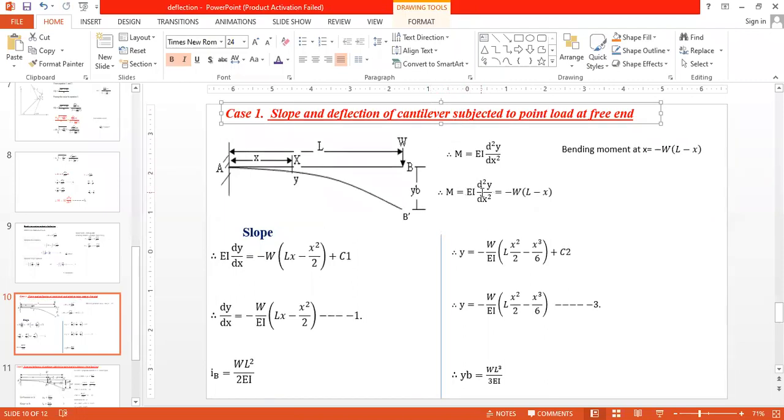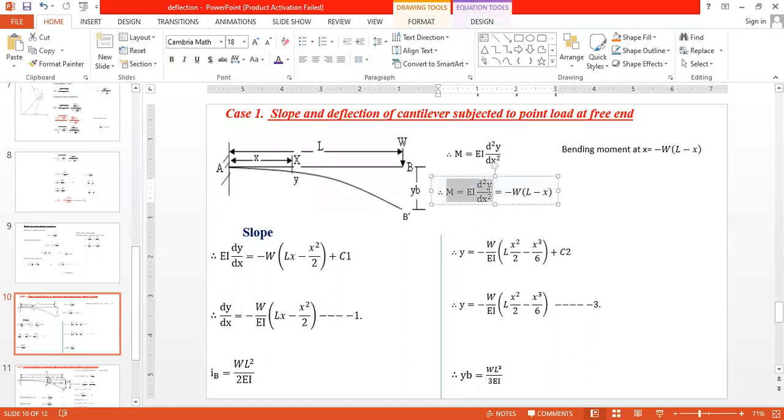Integration of this term is EI dy by dx, equal to integration of this side: minus W is a constant term, integration of L is Lx, and integration of x is x square by 2. Have you got it?